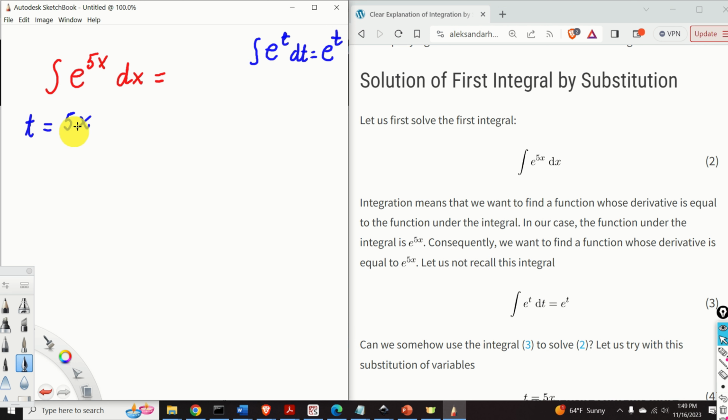Now, the issue over here is that we can substitute 5x for t, and we obtain this expression. However, the problem is now dx. We cannot integrate e to the power t dx, since over here we don't have dt. So how to create dt over here?